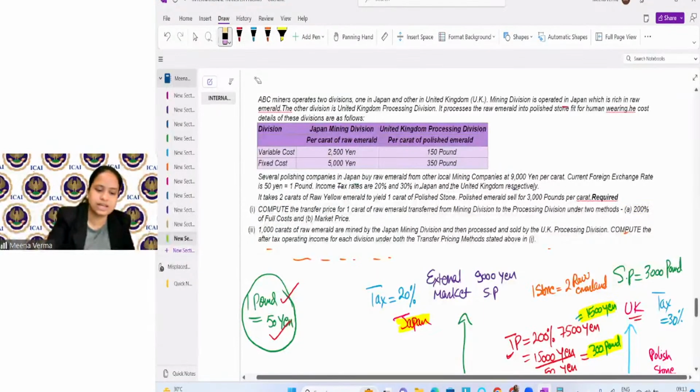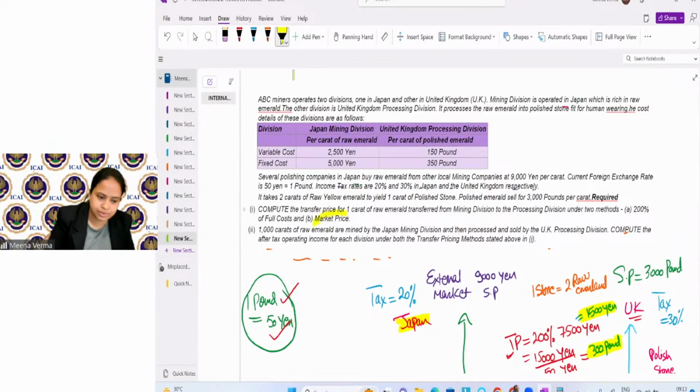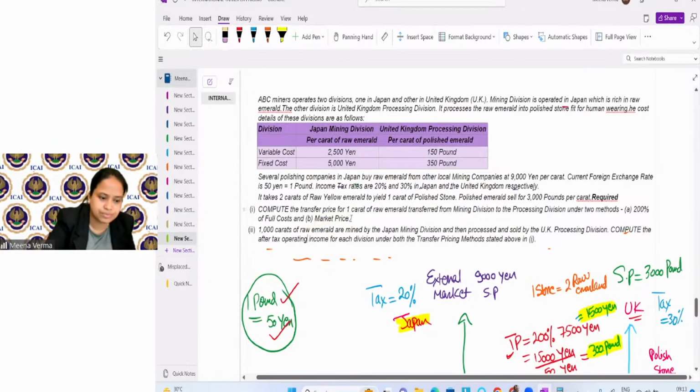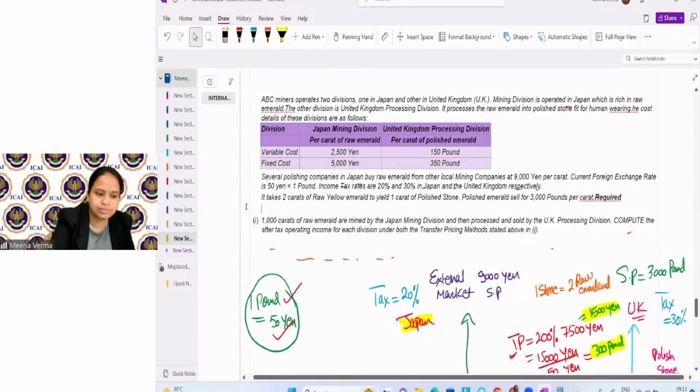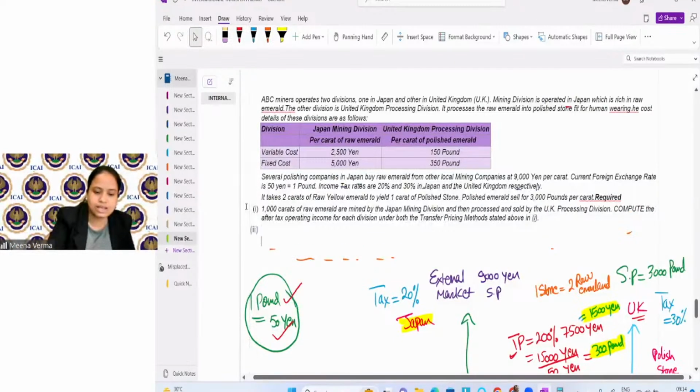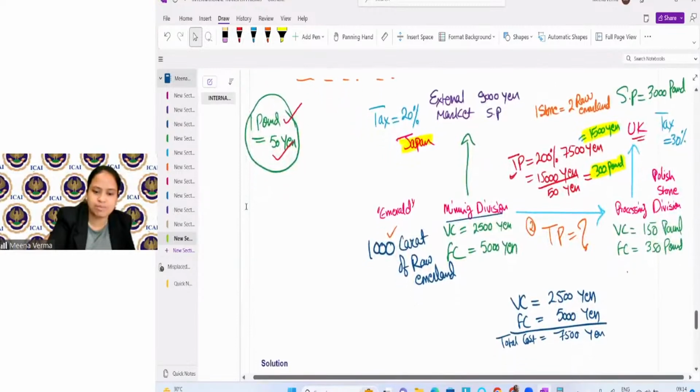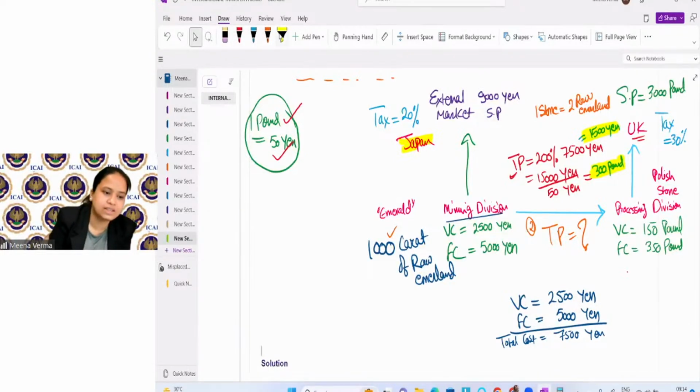Let's see the second case. The second case is what? They're saying that the transfer price should be the market price. Whatever the market price is, that will be the transfer price. What is the market price here? At what price are they selling the goods in the market? 9,000 yen.